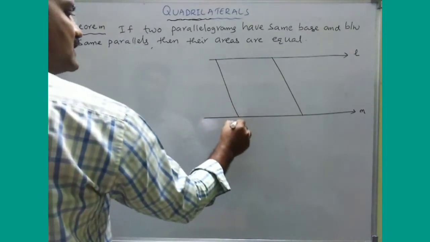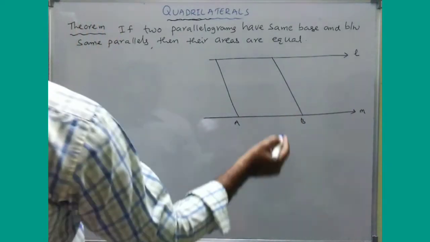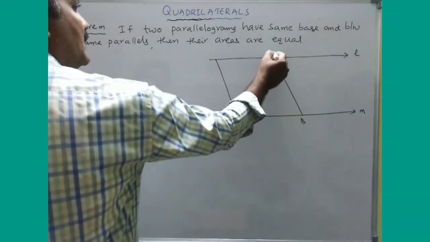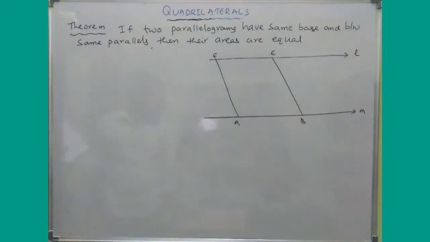Suppose this is A, B, E and F. ABEF is one of the parallelograms.